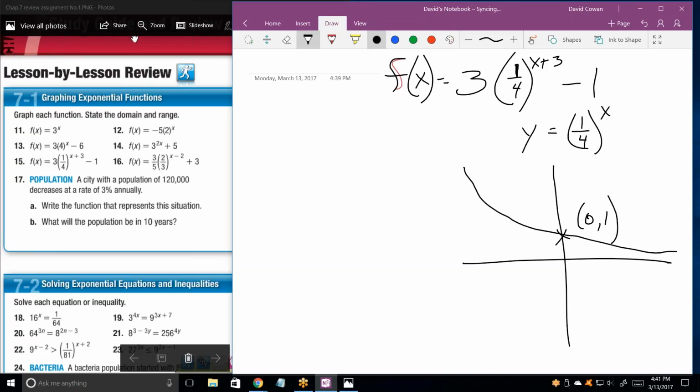That's because when you take numbers less than 1 and increase their exponent, they get smaller. Notice that 1/4 squared is 1/16. 1/4 cubed is 1/64. So if this base is less than 1, then this shape is going to go from big to little. If it's greater than 1, it's going to go from little to big.